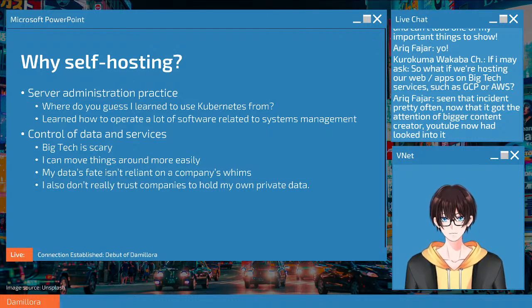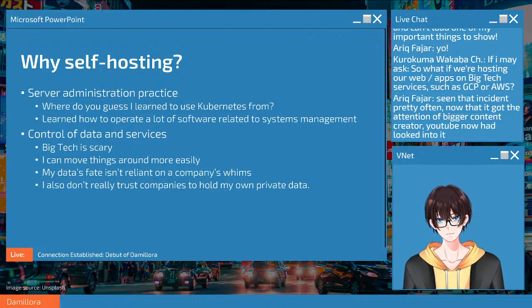But if you cannot build your own computer to do those things, the next best thing is hosting it on another person's computer. Yeah, that's basically what the cloud is. It's someone else's computer.